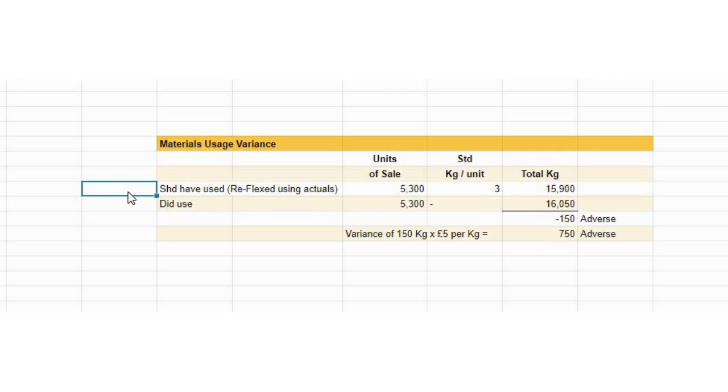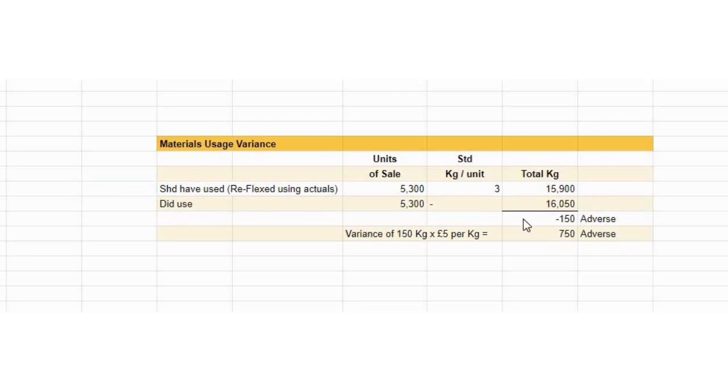So really, those number of units for sale should have used up in kilograms, because initially the usage variances are measured in kilograms and then converted into pounds, 15,900 kilograms, and was actually 16,050 kilograms.